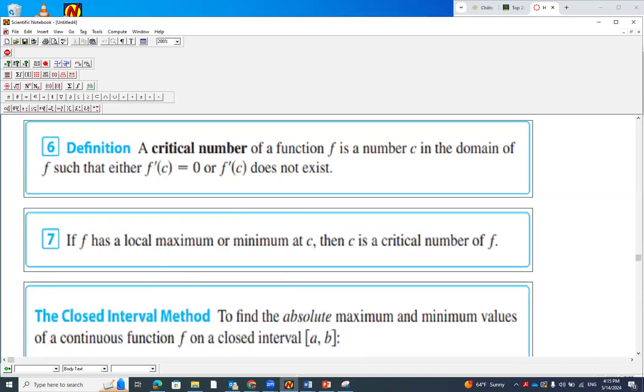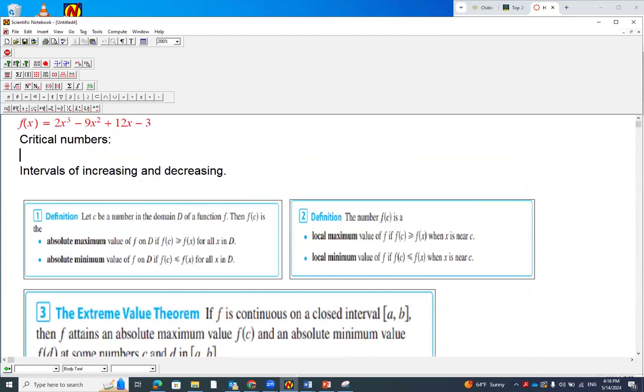The definition of critical numbers is that, first of all, it has to be in the domain, and secondly, either the derivative is 0 or the derivative doesn't exist. But what do we have here? We have a polynomial. A polynomial is continuous and differentiable as many times as you want.